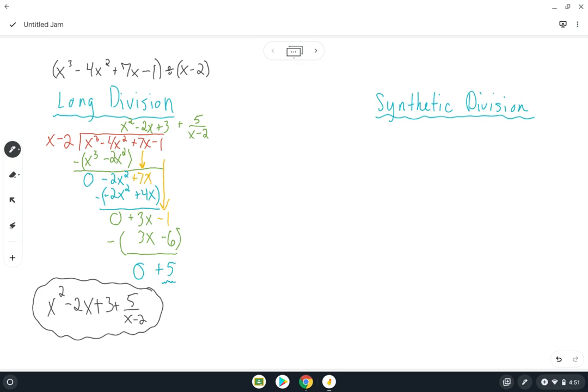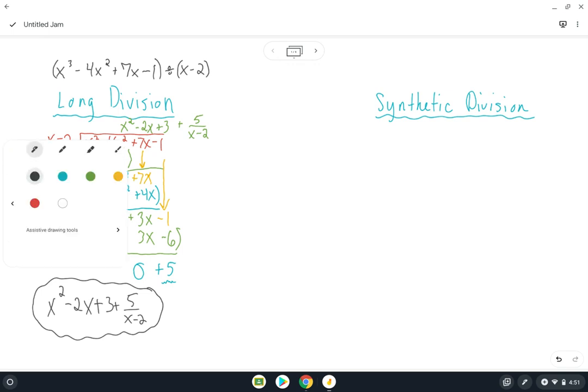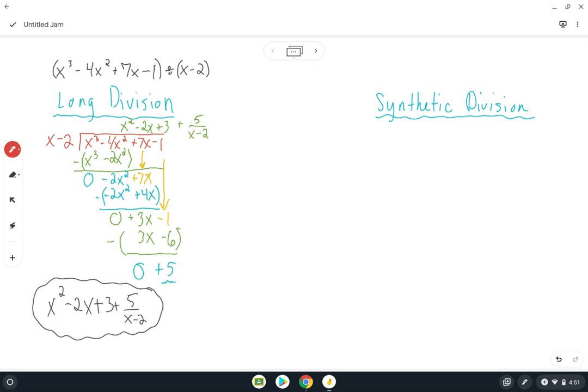All right, so let's see if we can make sure we get the same answer using a different method, which is more of a quick procedure. So I personally make a nice little box here.